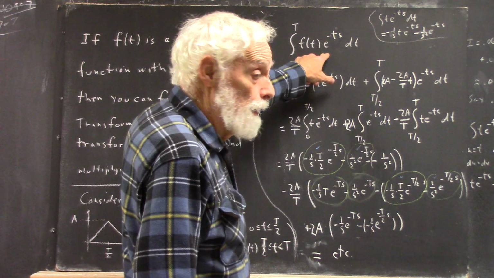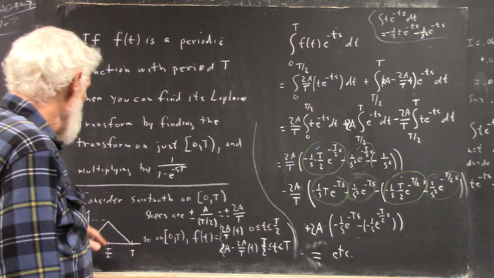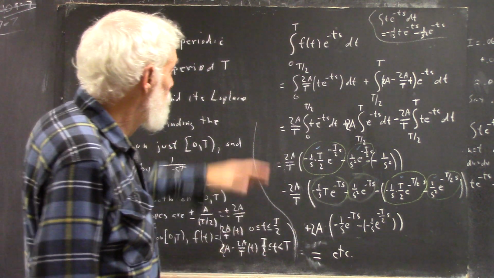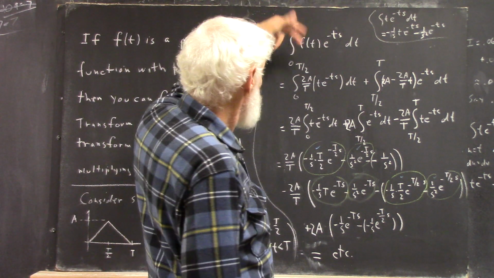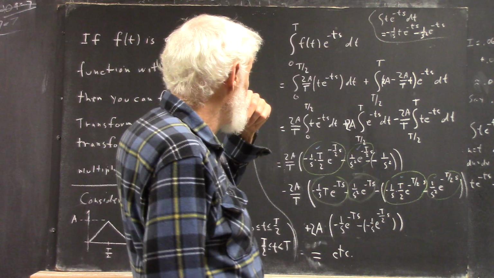And now we integrate that function from 0 to infinity. But of course, everywhere except from 0 to T, the function is 0. So our integral from 0 to infinity of f of t e to the negative ts just becomes the integral from 0 to T of f of t e to the negative ts.